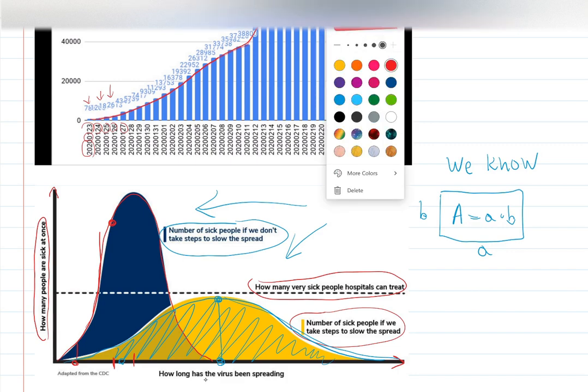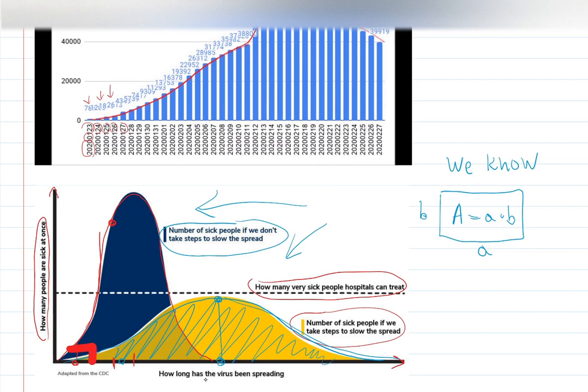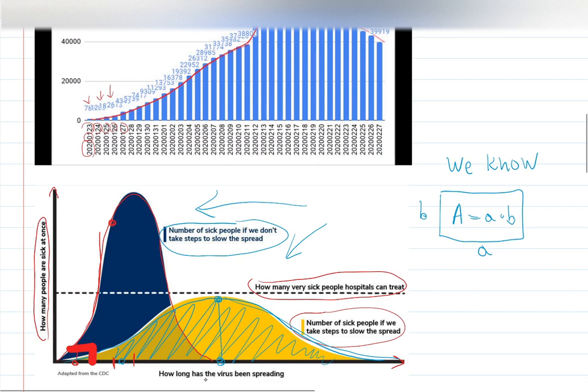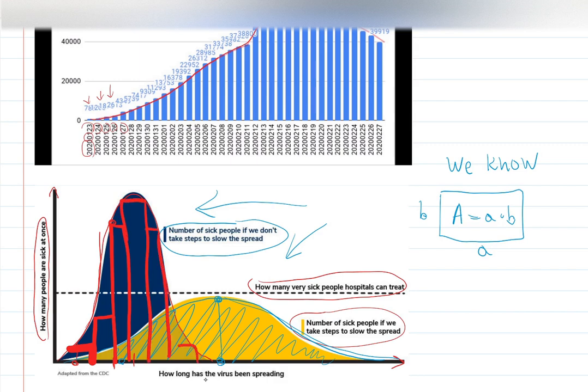So I will create a rectangle over here. Then I'll create a rectangle over here. Then over here. Then over here like this maybe. Maybe like this, kind of randomly, and like over here. And you see, the area of each rectangle will be easy to calculate.